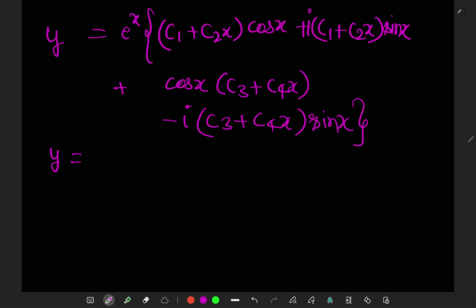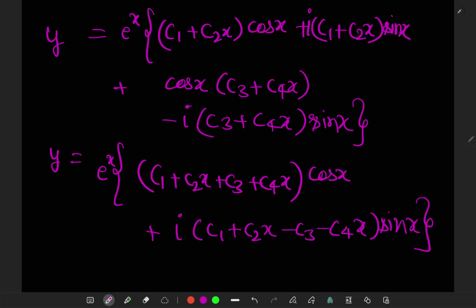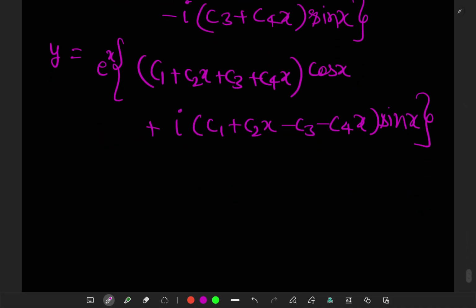Taking common cos x and sin x, so we can write like that, plus this is the final answer of this equation.